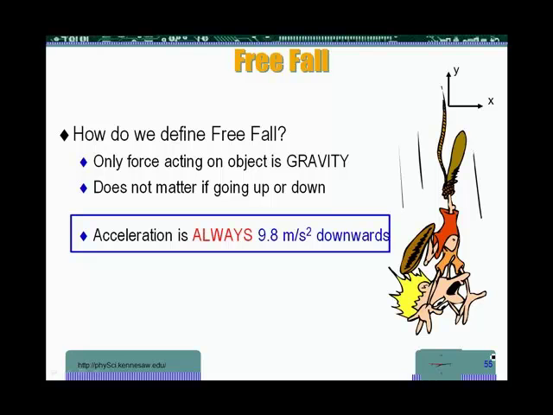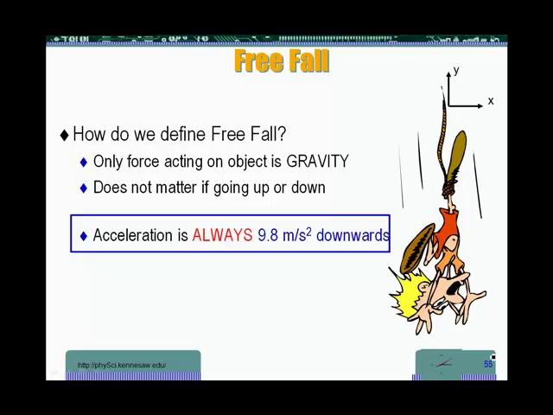If I toss something upwards, the minute it is off my hand, if the only force acting on it is gravity, what do we mean by the only force acting on it is gravity here? We mean we ignore the effects of air resistance.